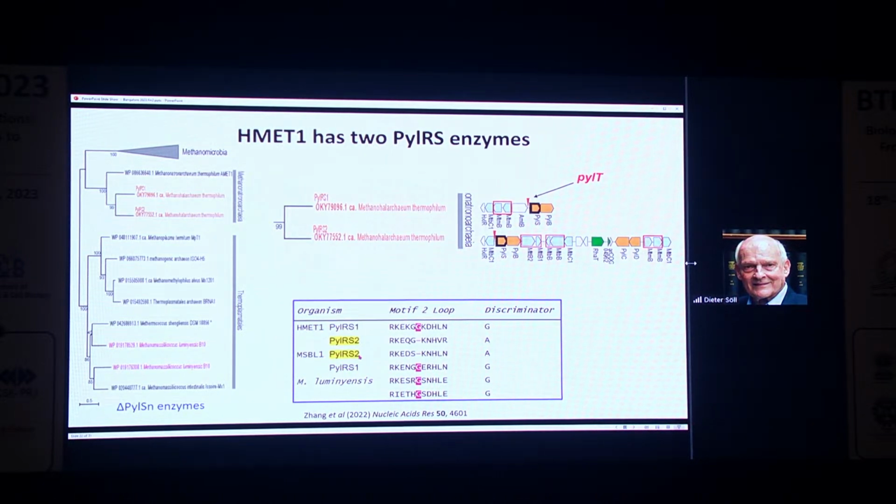One amino acid is missing, and the PylRS 2 with the missing amino acid recognizes the A discriminator, while all the others recognize the G discriminator. So PylRS 2 has one amino acid deleted from the motif 2 loop.